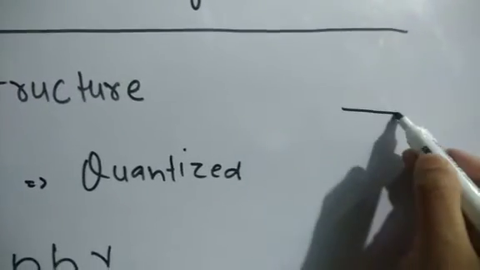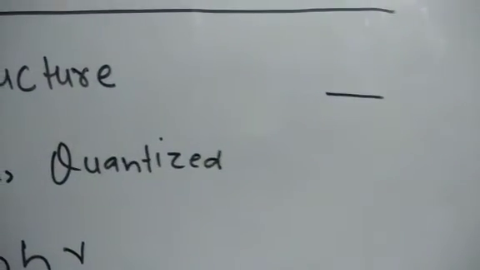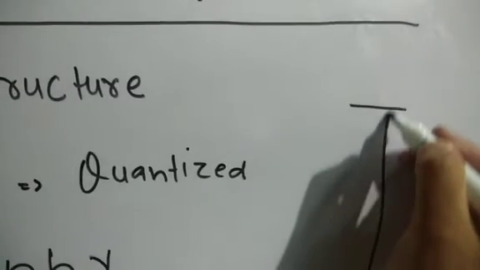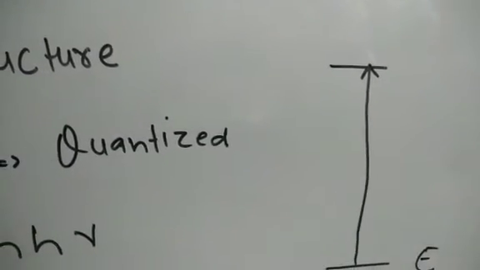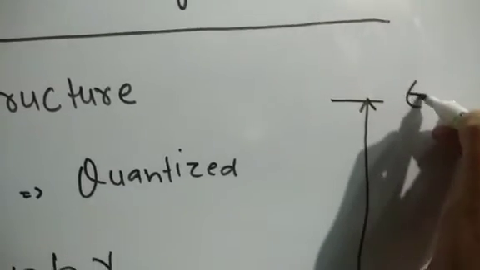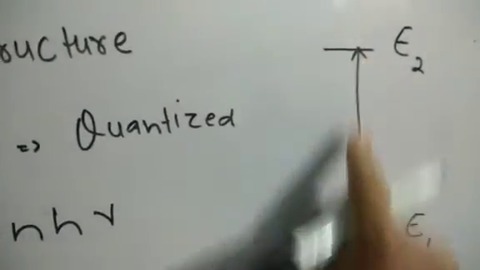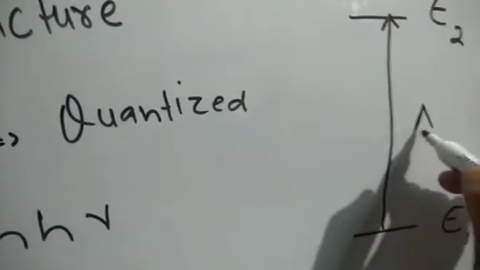So this absorption will lead to the excitation of the molecule from the ground state to the excited state. Let's say this is the ground state and this is the excited state. When the molecule absorbs the radiation, it is excited from the ground state to the excited state.